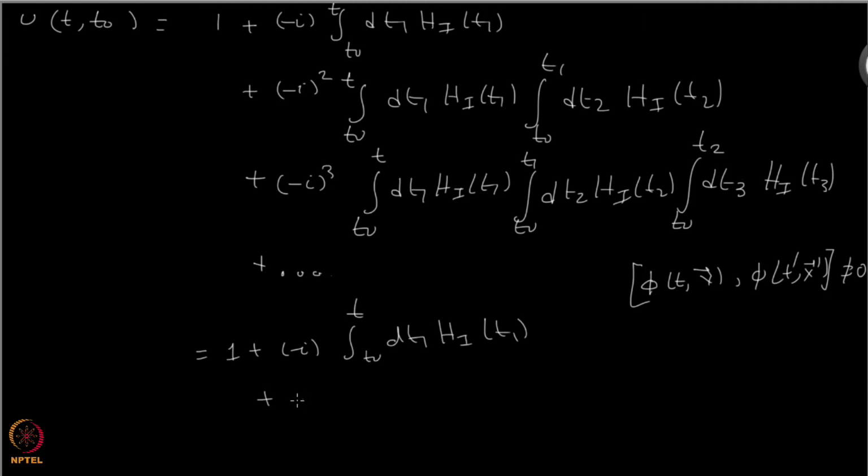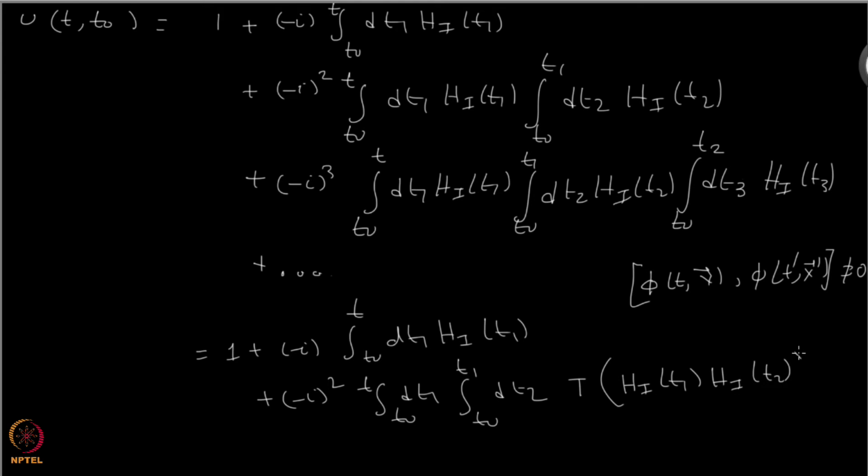The second term is minus i squared, integral from t naught to t dt1, t naught to t1 dt2, and these two Hi's I can write using the time ordered product. Okay, this is exactly the same thing. It's naturally ordered here. Now I have just written the same thing explicitly.